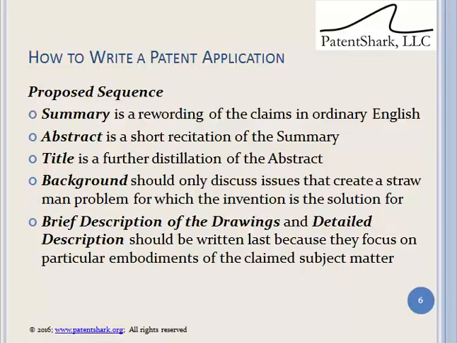The background should only discuss issues that create a straw man problem for which the invention is the solution. And last but not least, the brief description of the drawings and the detailed description of the invention should be written last because they focus on the very particular embodiments of the claim's subject matter. So let's look at these last two sections in more detail in the next few slides.